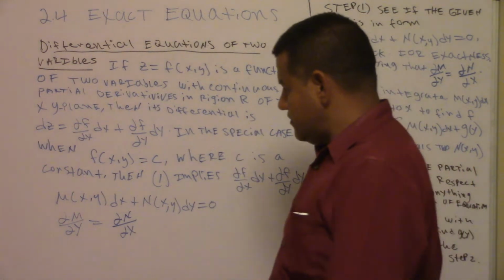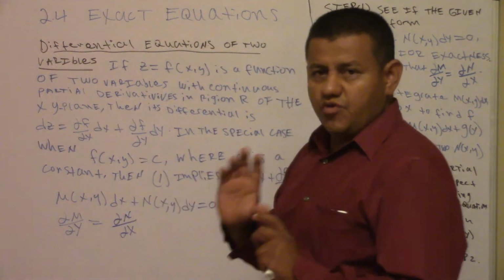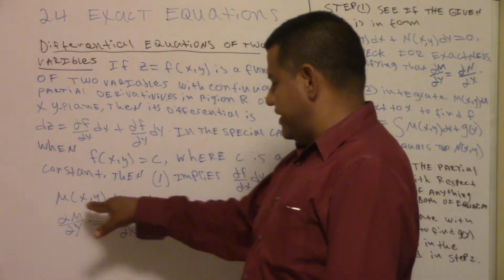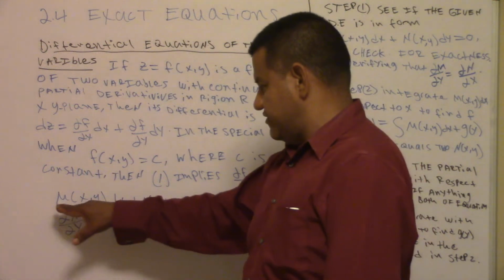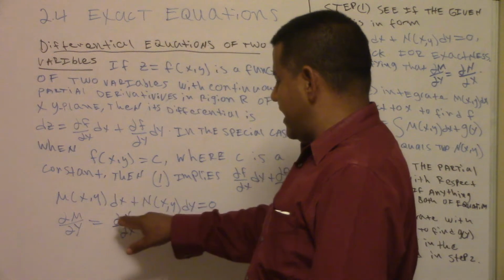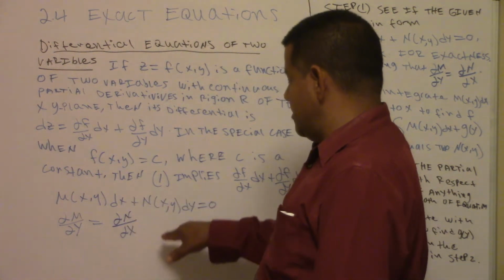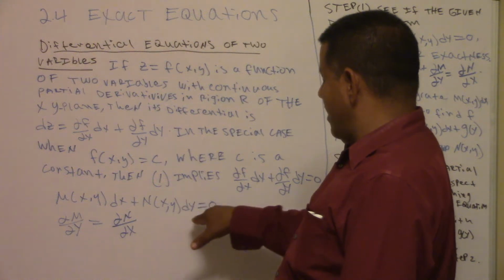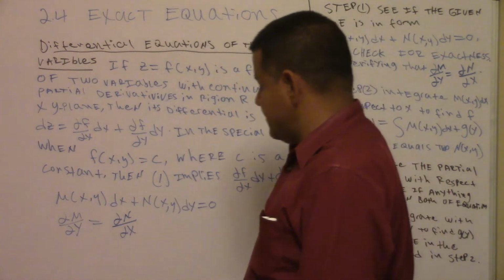Now, the formula that we're going to use is this one, and it is very important: M of x comma y dx plus N of x comma y dy equals 0, okay?